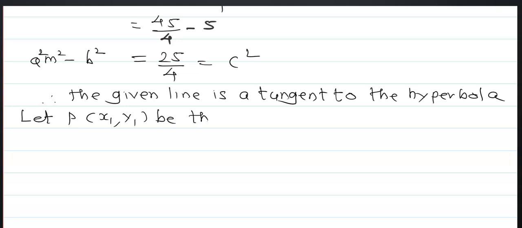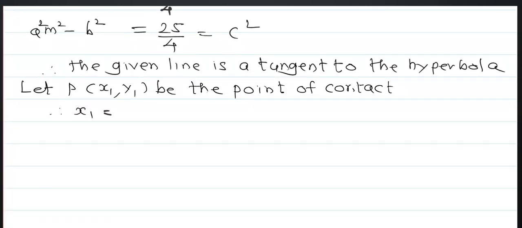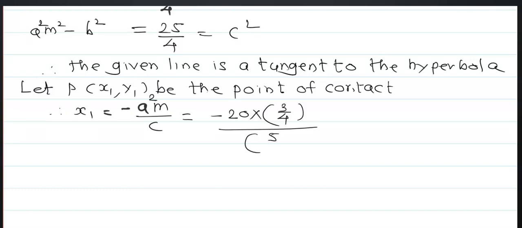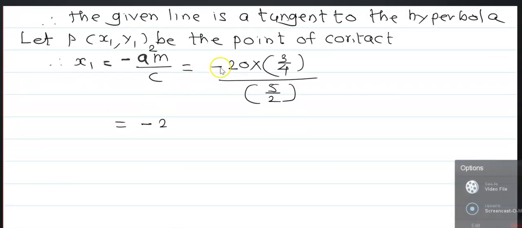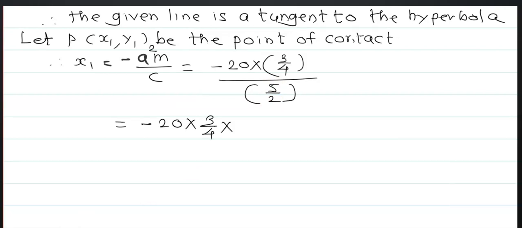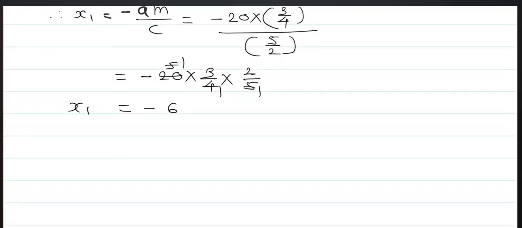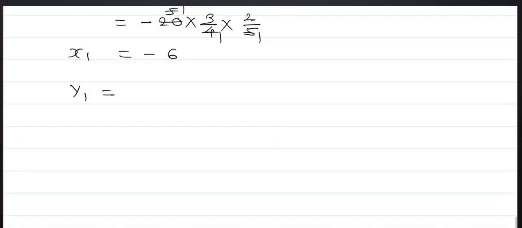Let P(x1, y1) be the point of contact. x1 is equal to minus a²m upon c, that is minus 20 into 3 by 4 upon c, where the value of c is 5 by 2. If you simplify it, x1 is minus 6.